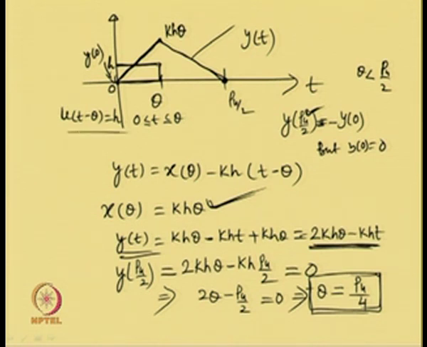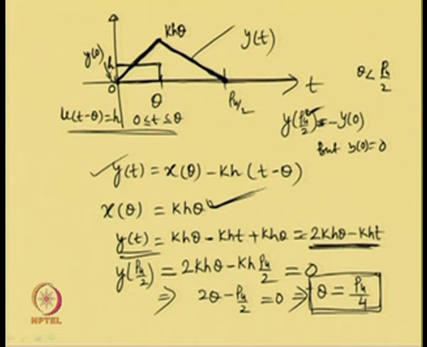So, with this assumption we have derived the expressions for output, and upon plotting the output expressions we get two linear segments, and connecting the two ultimately we get half period of output of the system.